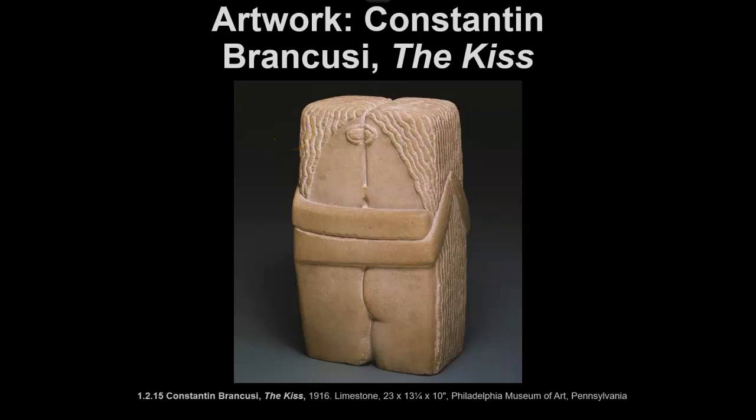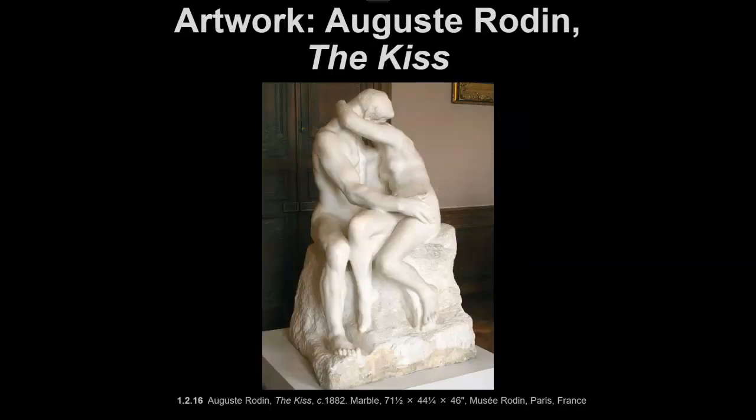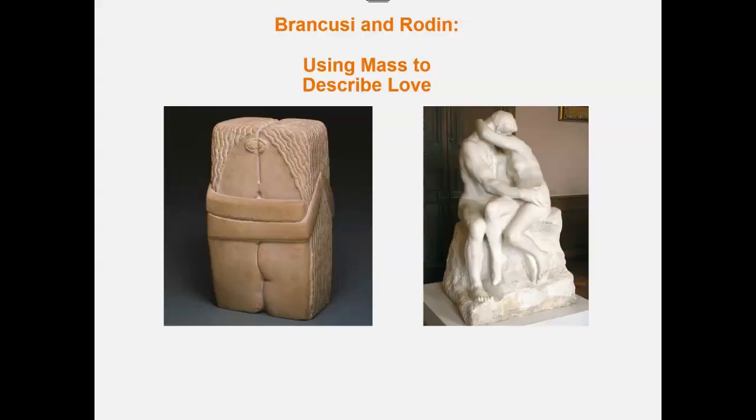This is The Kiss by Brancusi. Another piece with the same title, The Kiss, is from Rodin. These two pieces are interesting when we talk about form, because when you're using mass to describe love, you have to think about these two different forms and what they're communicating.